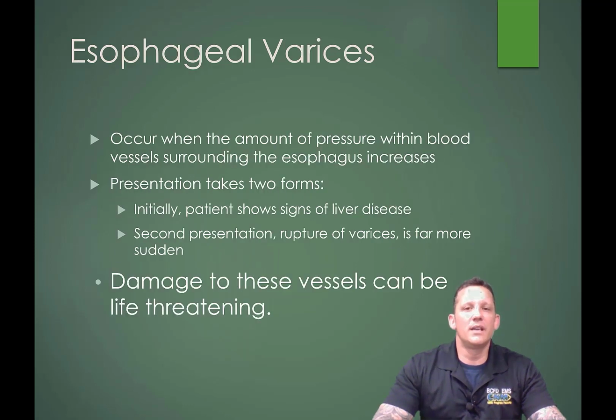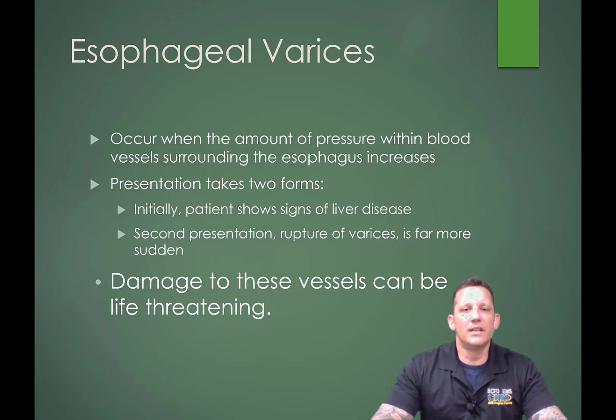Continuing on with esophageal varices, the easy way to understand esophageal varices is if you've ever seen a varicose vein in, say, somebody's lower leg. A varix is literally a trapped compartment with a dilation of a small section of vessel that makes it pretty fragile and very engorged with blood.